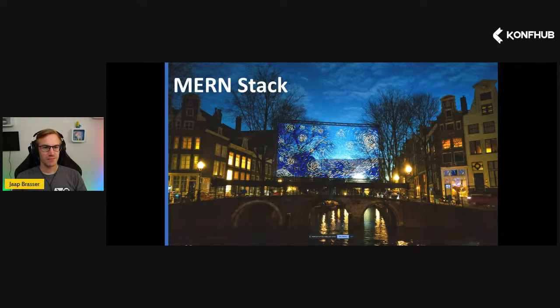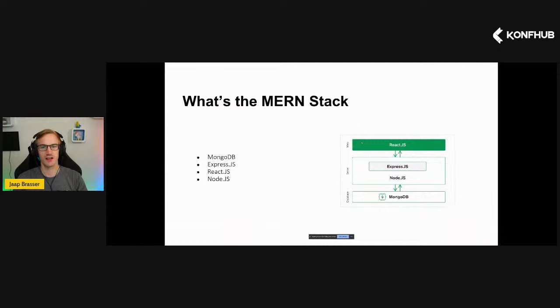So the MERN stack, for those of you who are unaware, is a stack based on MongoDB, and the components also spell out the acronym, as is often the case with stacks like this. We use MongoDB as the backend.